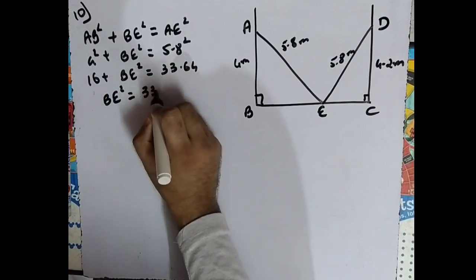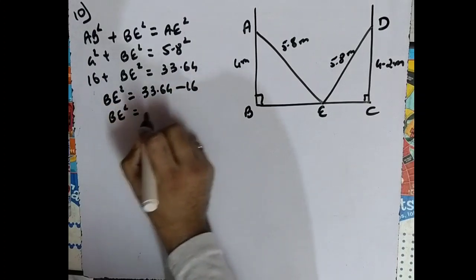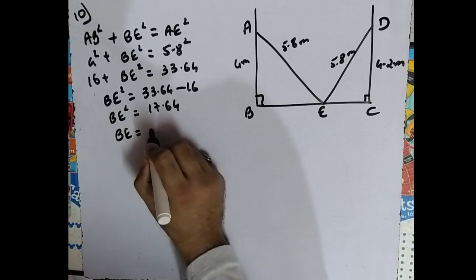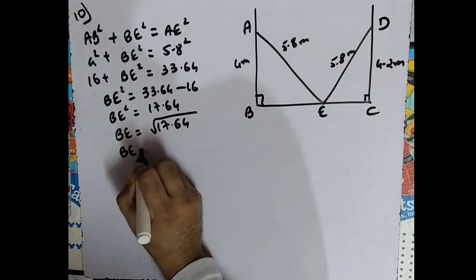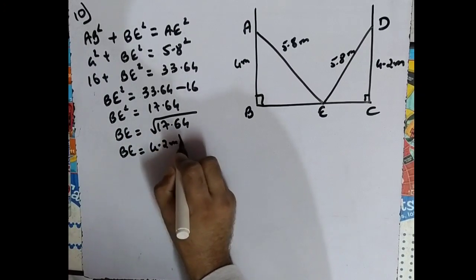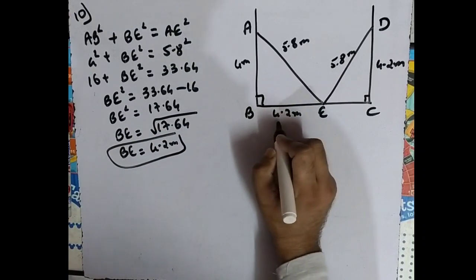BE square is 33.64 minus 16, so BE square will become 17.64. BE will become square root of 17.64, which is 4.2 meter. Length BE we found out is 4.2 meter.